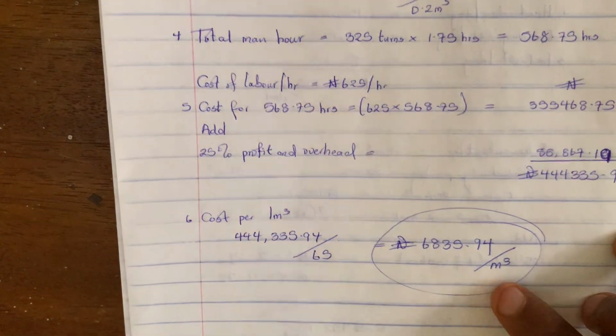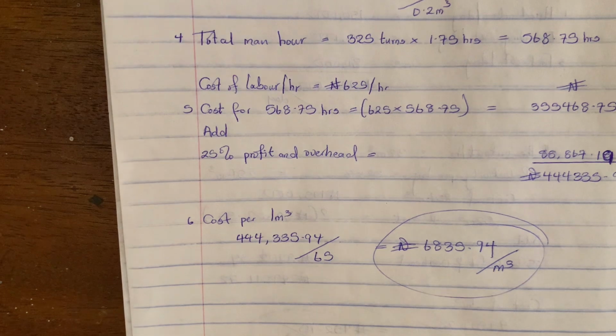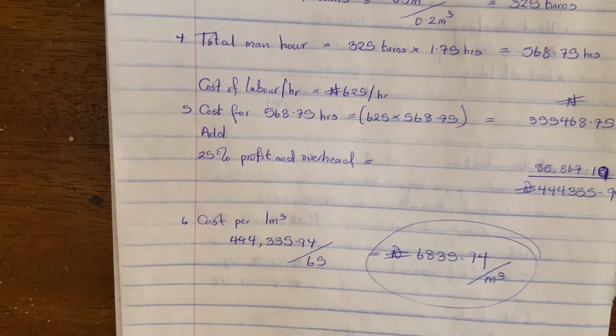So this would be your cost per meter cube, and then you can now take it towards your bill of quantity to determine what your amount will be.